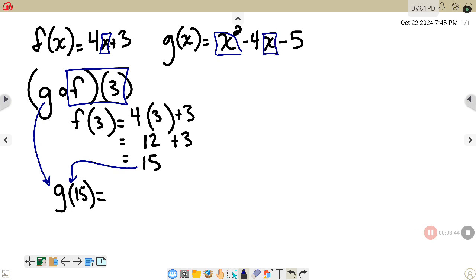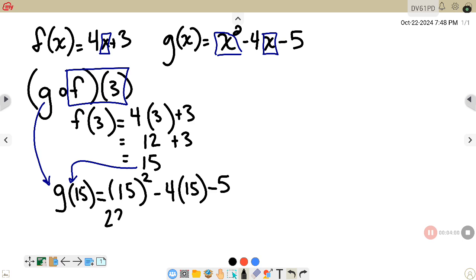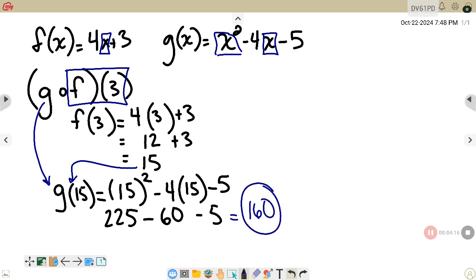So if I do that, I will have 15 squared minus 4 times 15 minus 5. 15 squared is 225 minus 4 times 15 is 60 minus 5. So 225 minus 60 minus 5 gives me 160.